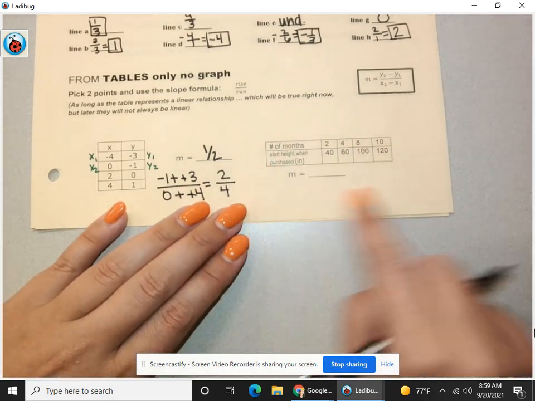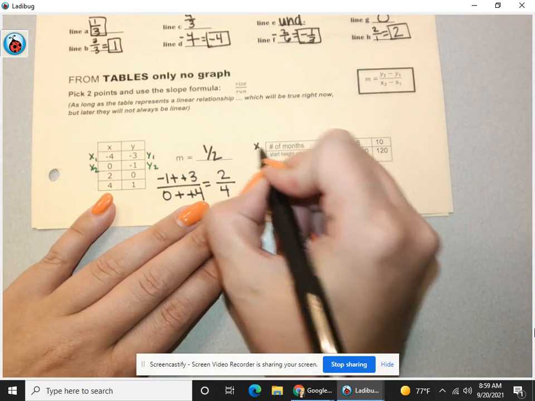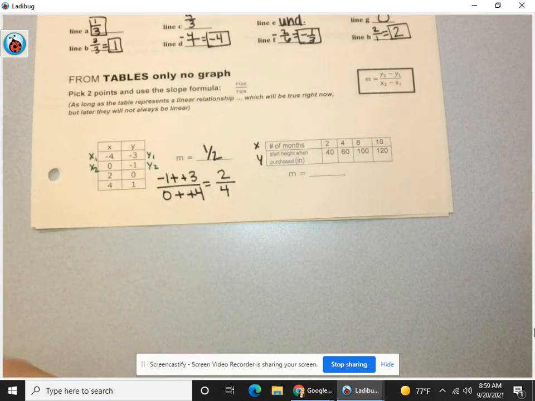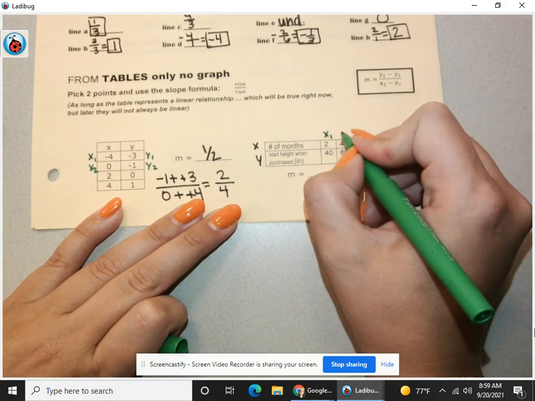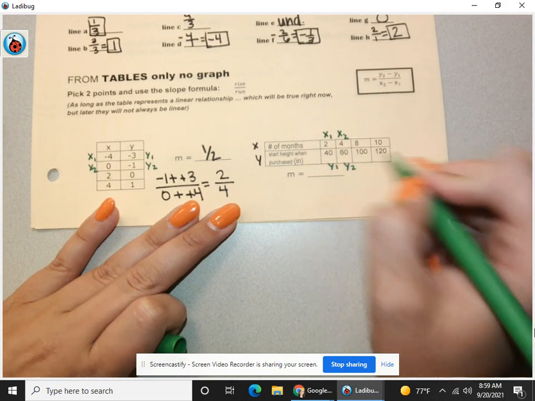Now, when we have a table like this, remember it's y over x. Okay? So I've got my x1, x2, y1, y2.